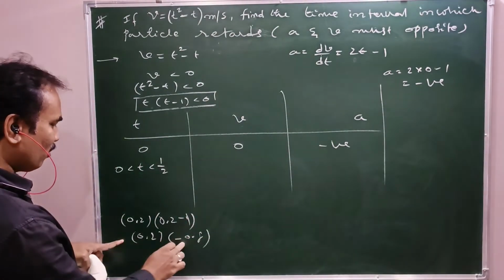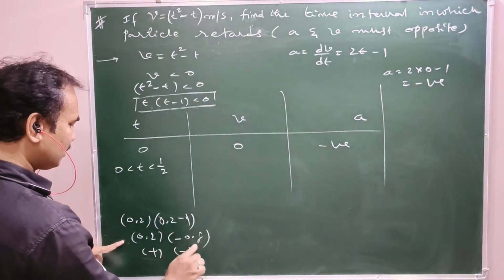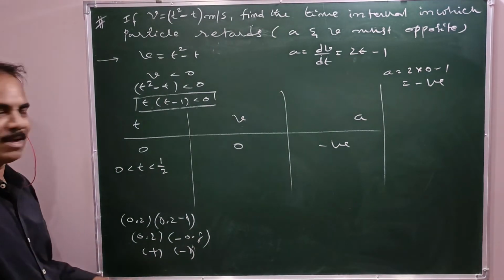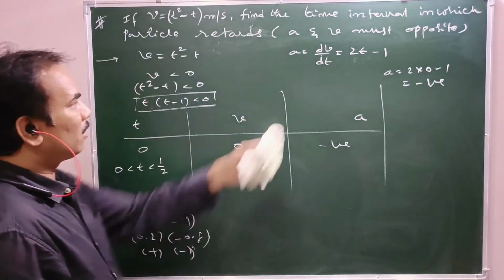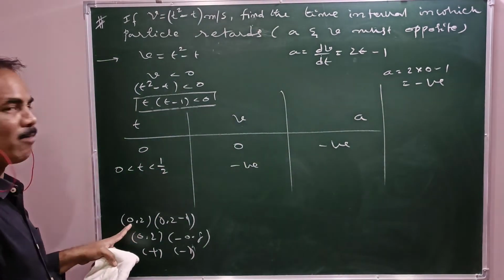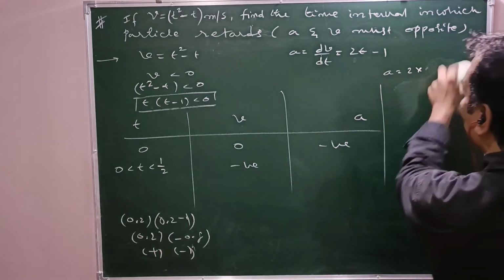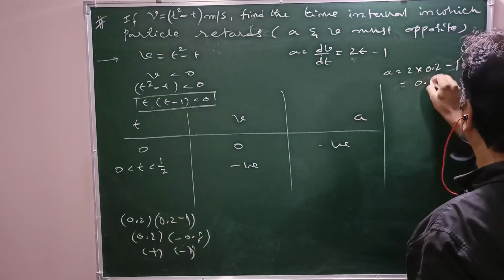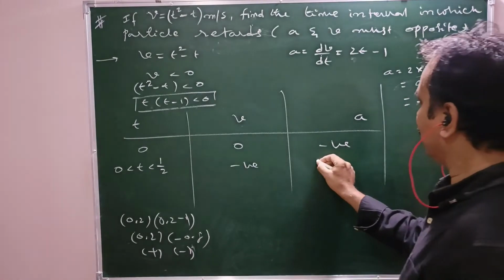That is positive into negative, that is minus, means velocity is negative. Now what about acceleration by taking 0.2 for time, that is 2 into 0.2 minus 1, that is 0.4 minus 1, that is minus 0.6, means acceleration is negative.